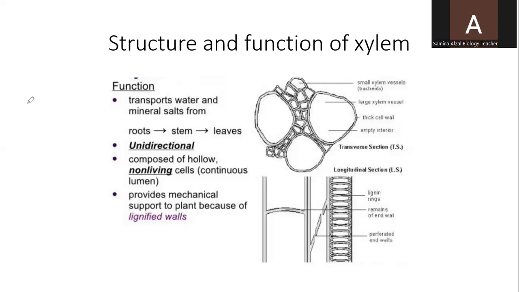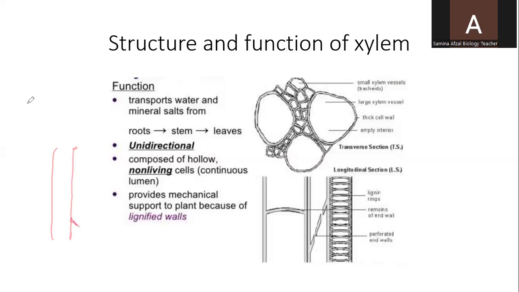Why? Because xylem has lignified walls. Lignified means lignin is present in the walls, and the process of lignin being deposited in the wall is called lignification. So the xylem vessels are kept empty inside, no nucleus, no cytoplasm.